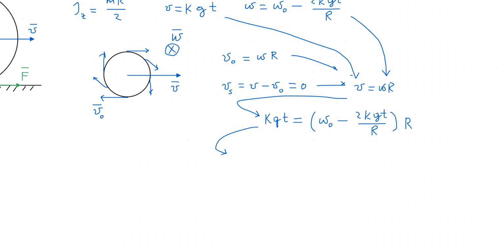It will be kgt is equal to omega 0 r minus 2 kgt.